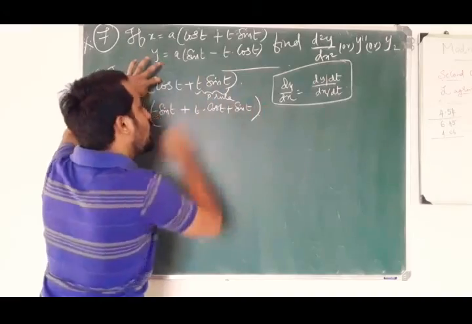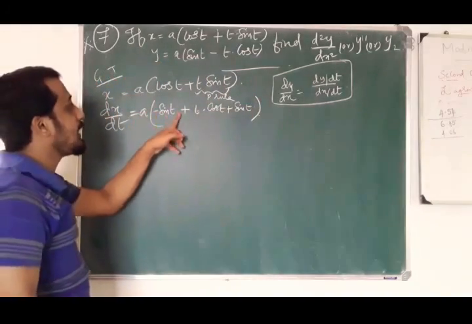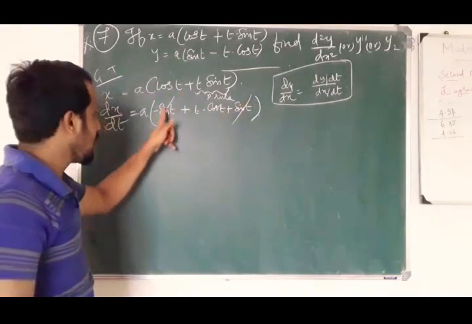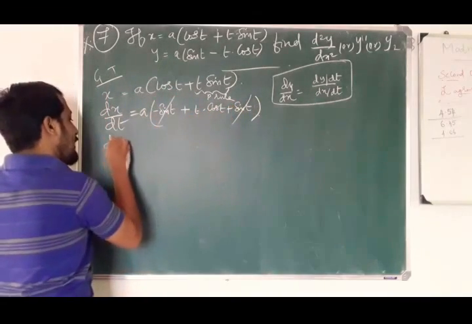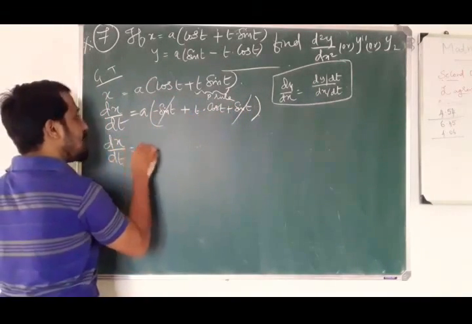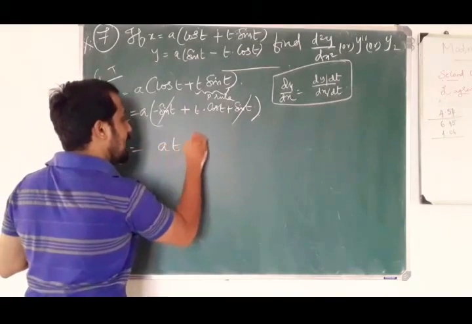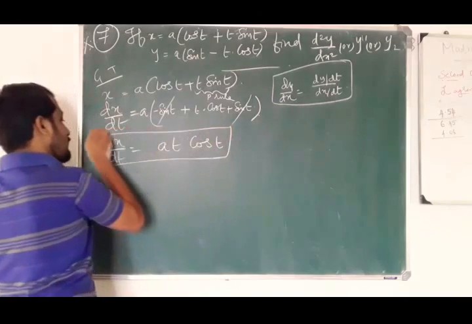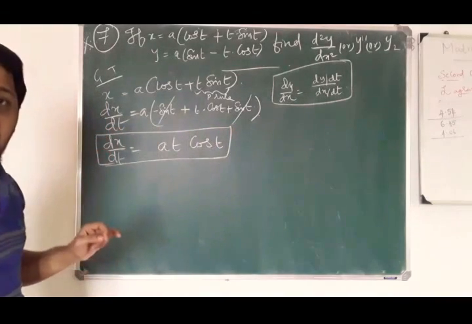So no need to write 1. So minus sin t plus t cos t plus sin t. This sin t will cancel, minus and plus. So you will get dx by dt is equal to a t cos t.